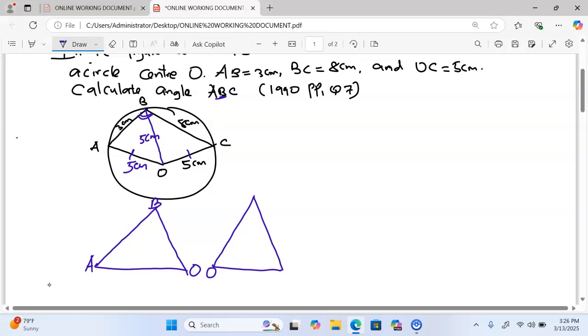This one is O, this one is B, this one is C here. The measurements we have: 3 centimeters, 5 centimeters and also 5 centimeters. Here we also have 5 centimeters, 8 centimeters and 5 centimeters respectively.